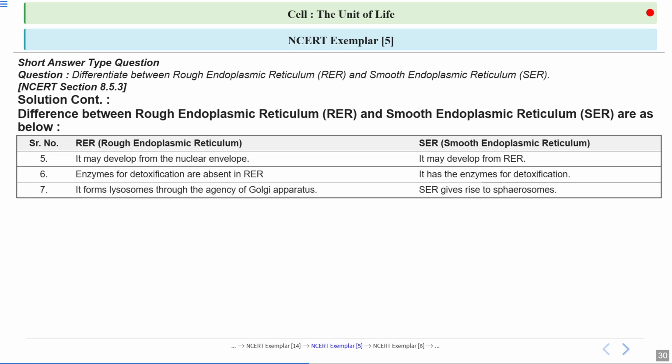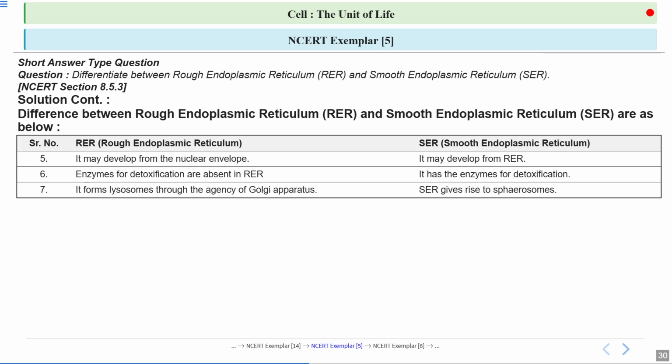Fifth difference, it may develop from the nuclear envelope. So where is it developing? RER, from the nuclear envelope. SER develops from RER. Sometimes the cisternae or the vesicles get cut off from the RER and the ribosomes are detached, and these tubules and cisternae move towards the periphery and form the SER, right?